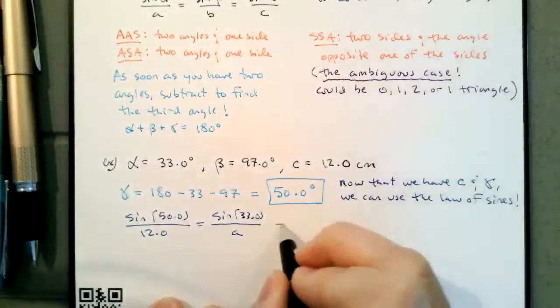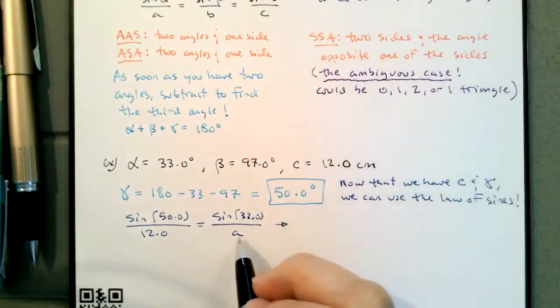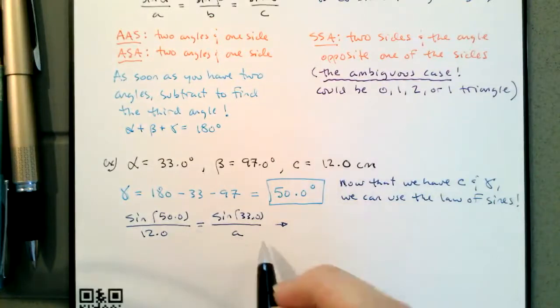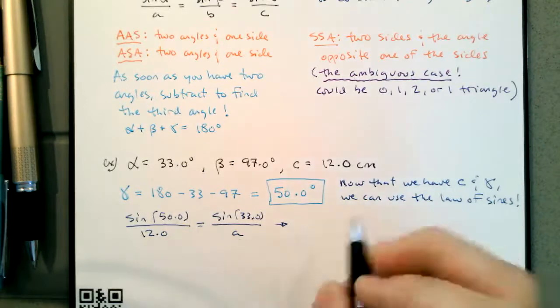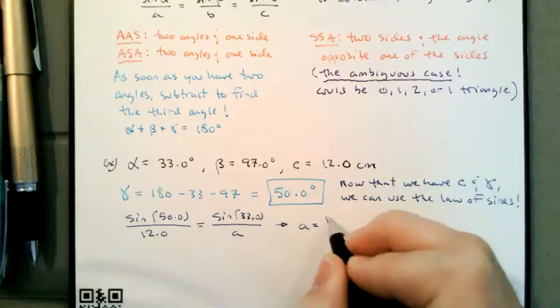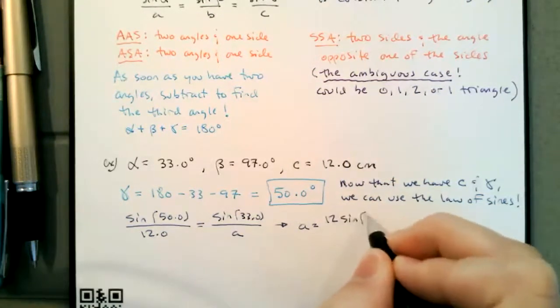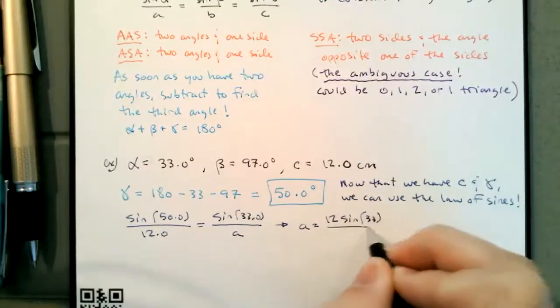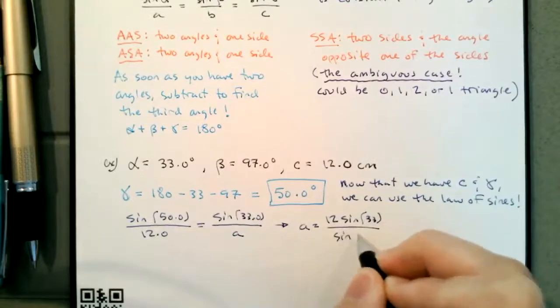If I want to solve for A, it's in the denominator, so I'm going to flip everything over and then just multiply. So A is equal to 12 times the sine of 33, and then divide by the sine of 50.